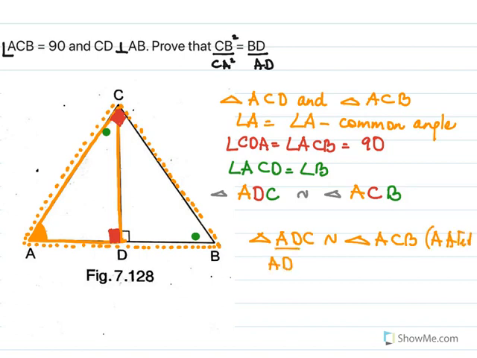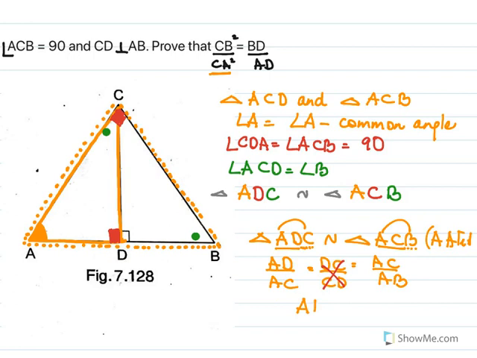Therefore AD over AC will be equal to DC over CB will be equal to AC over AB. But here we require AC two times, we require AC square. So we do not need the middle ratio.